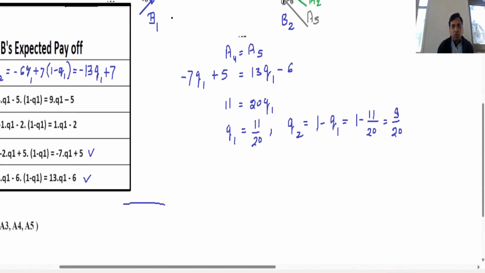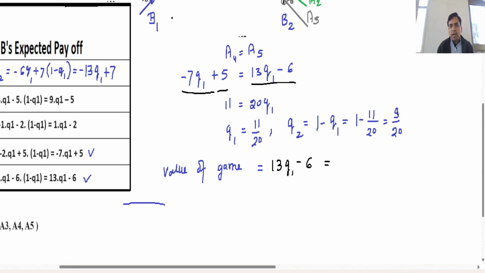Now we will find the value of the game, because we can't identify the exact value from this diagram or graph. For the value of the game, we put the value of Q1 in either this or this. We are putting it in the second one, 13 Q1 minus 6, which is 13 into 11 upon 20 minus 6.